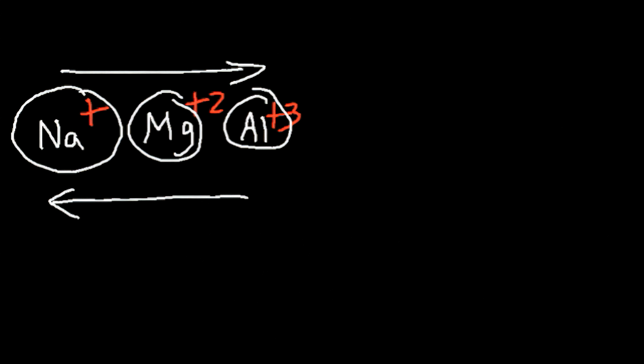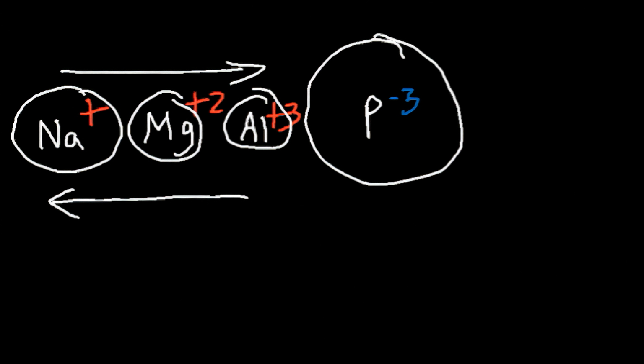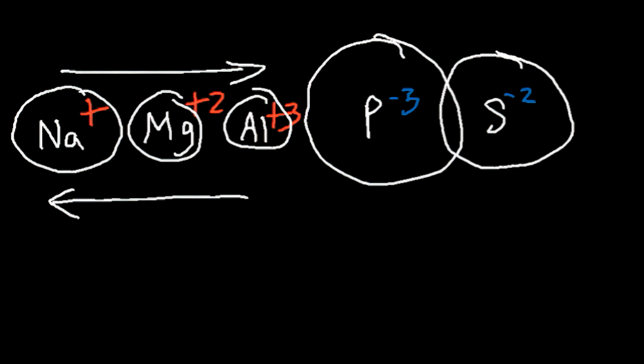Now, as you jump from the positive ions towards the negative ions, the size will greatly increase. For example, phosphide, which has a -3 charge, is significantly bigger than almost all of these positively charged ions on the left. And then the size decreases as you go towards the right. So the sulfide ion is smaller than the phosphide ion.